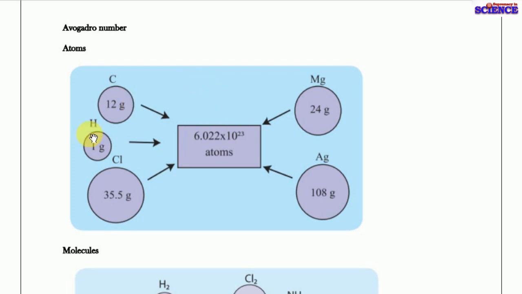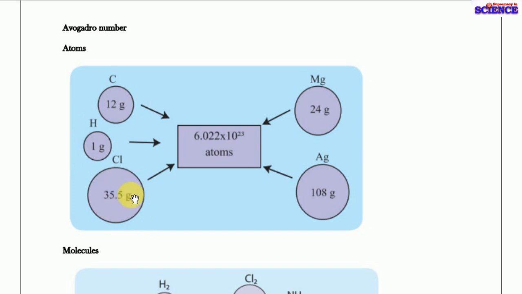Listen carefully. Assume that you have 12 grams of carbon. Why did I take these 12 grams? The reason is this 12 is the relative atomic mass of carbon. See, 12 grams for carbon, 1 gram for hydrogen, 35.5 for chlorine.